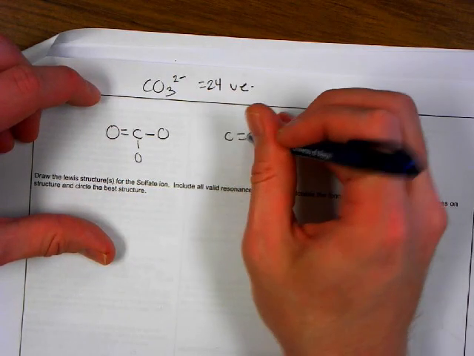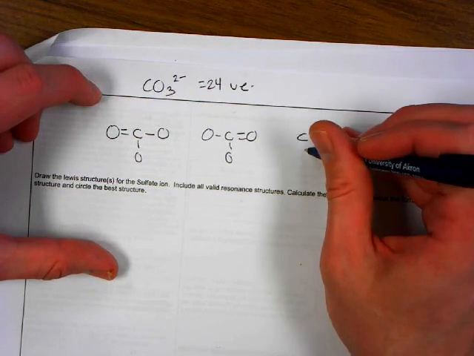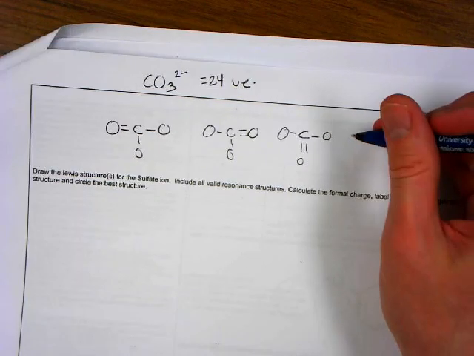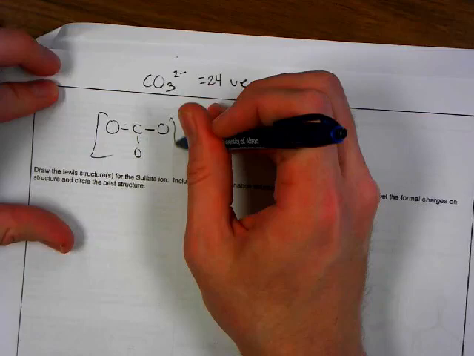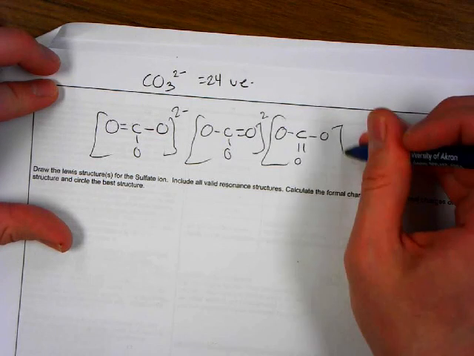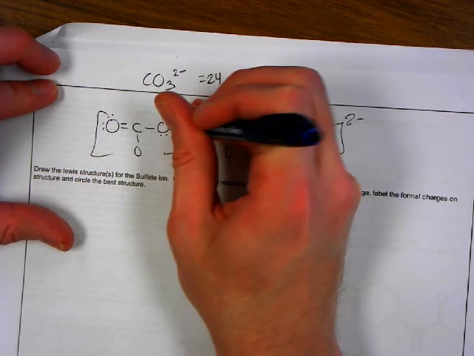24 valence electrons. So I'm going to have carbon, oxygen, oxygen, oxygen, and I'll draw three of them, because they asked me to draw all of them.